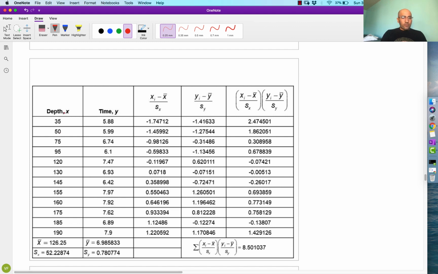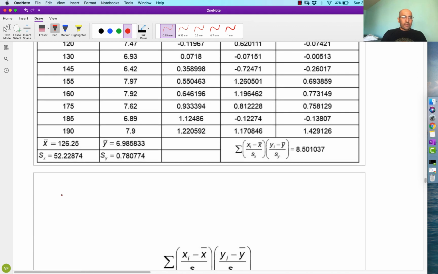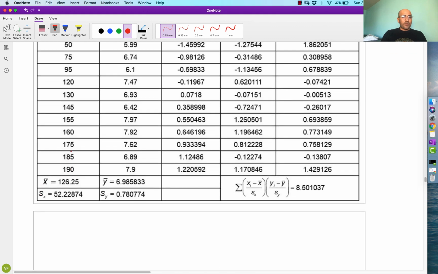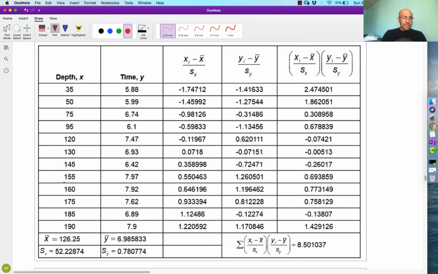On our table, we list our X coordinates and our Y coordinates, and then the first thing we have to do is figure out the mean and standard deviation of the x's, and then the mean and standard deviation of the y's. Let's do that with our calculator.